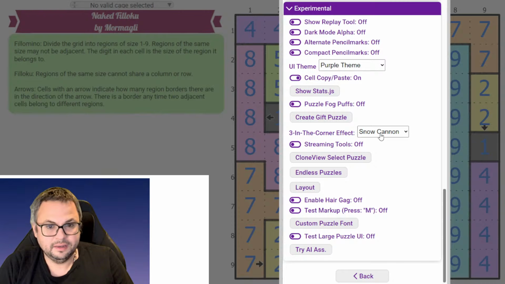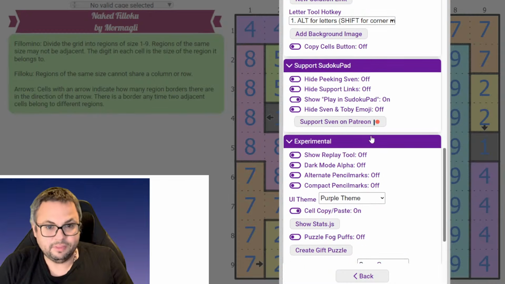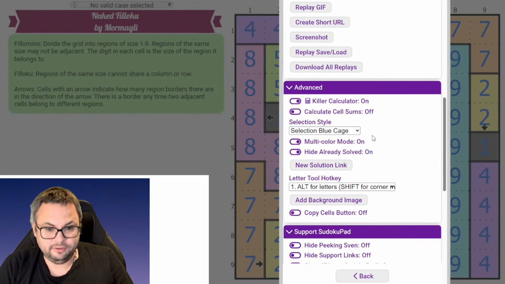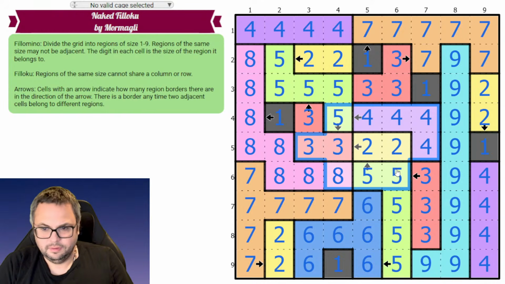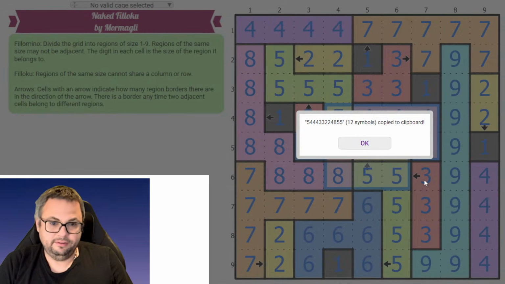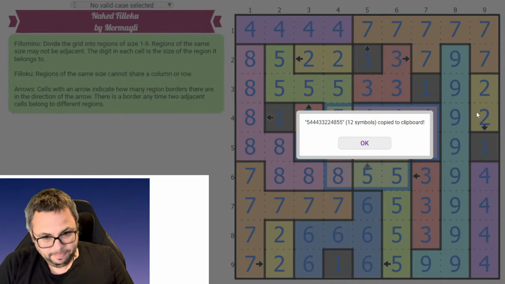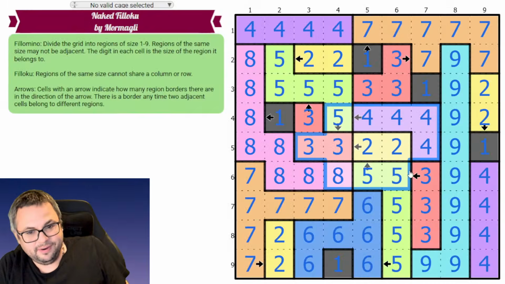Interesting. Advanced. Oh, sorry, I'm looking at experimental, not advanced. Copy cells. I see. Okay, so it will, in a very janky way, tell you how many things.